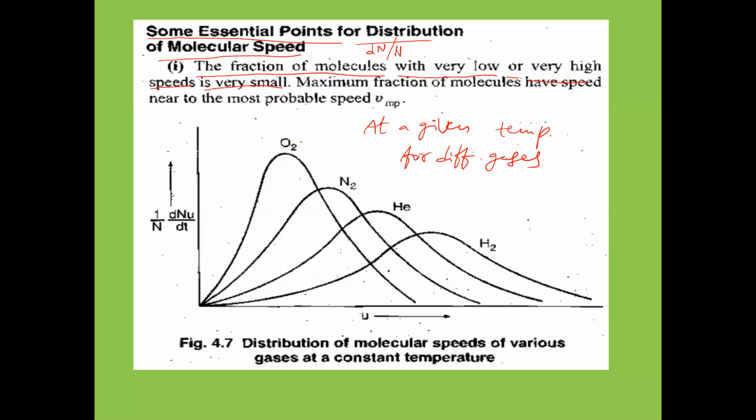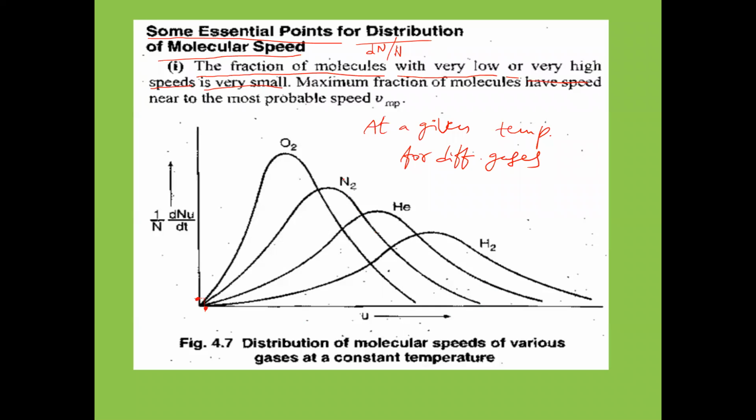So in this case, oxygen gas at the given temperature, the oxygen curve is this one here. In the oxygen curve, we have to understand that these many fractions of molecules have very less velocity. Very low fraction of molecules will have less velocity.